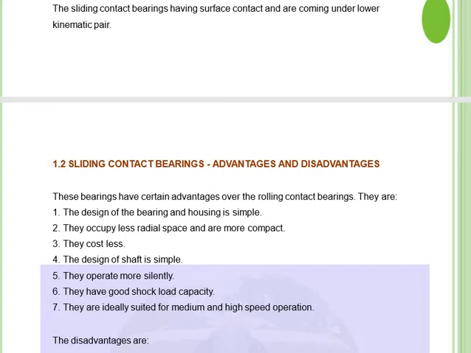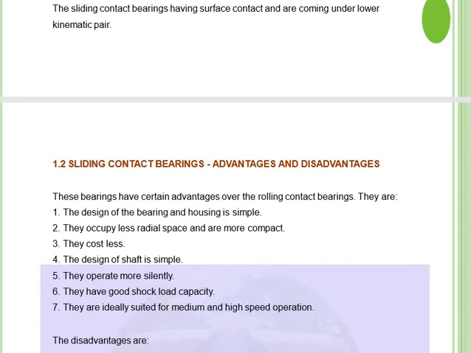We can fix it at the two ends of the shaft. It occupies very little space and is more compact, and compared to rolling contact bearings the cost is very low.